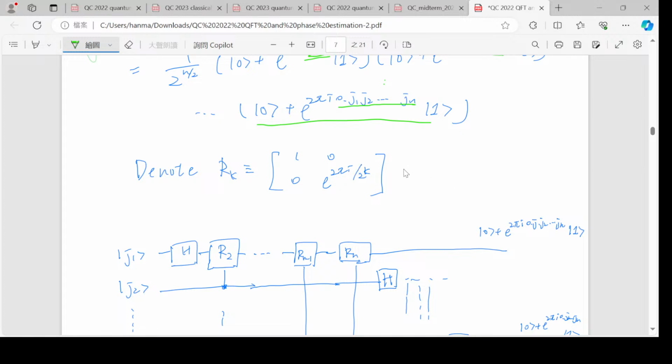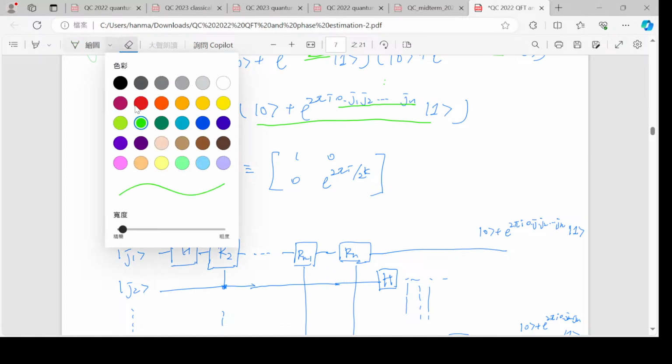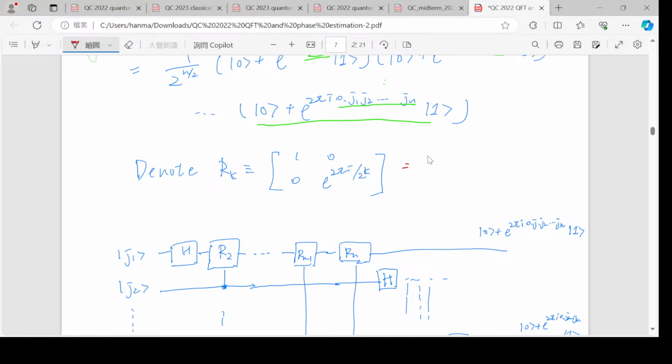And so I guess we should write this in binary, right? So sorry, we write this in binary. This is |1>, |0> |0>, and e to the 2 pi i 0.0001, and this is a k-th bit. So this is the k-th bit after this point.